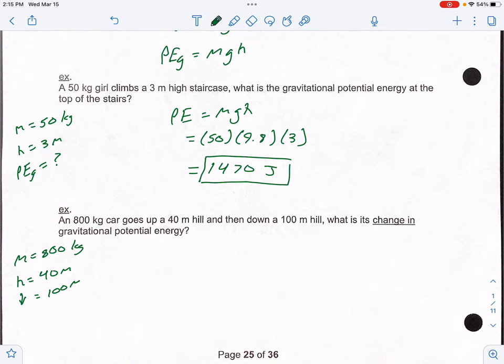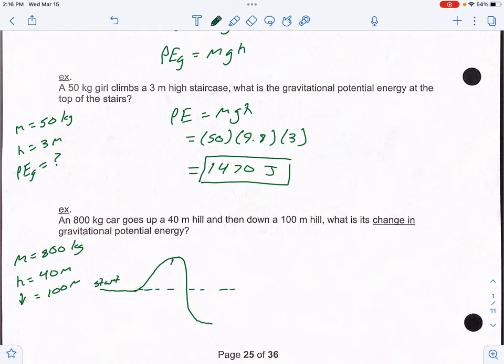I'm going to draw this out. I have a car going along, and it's going to go up a 40-meter high hill, and then go down a 100-meter high hill. So I'm going to end up lower than where I started. This will be your start point. We're just going to pretend that the ground continues to there.